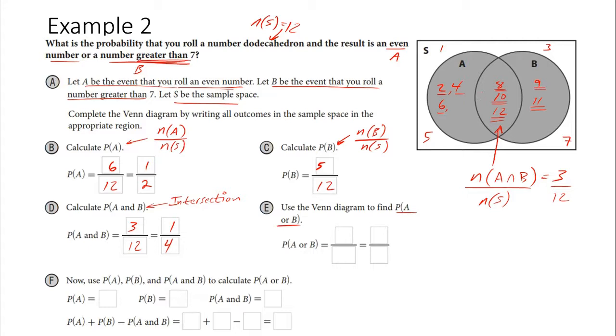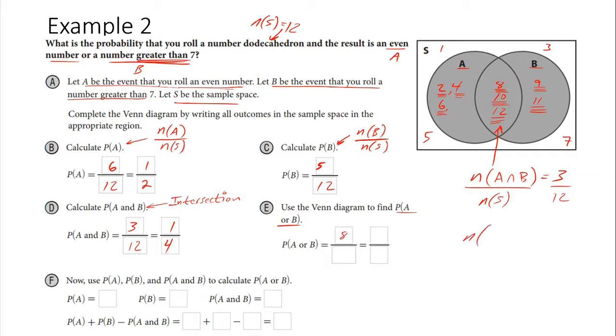A or B. So I'll go ahead and underline each element. 2 is in A, 4 is in A, 6 is in A, 8 is also in A, 10 is also in A, 12 is also in A, and 9 is in B, 11 is in B. So I'm considering all the elements in A or B. And we actually have 8 elements there.